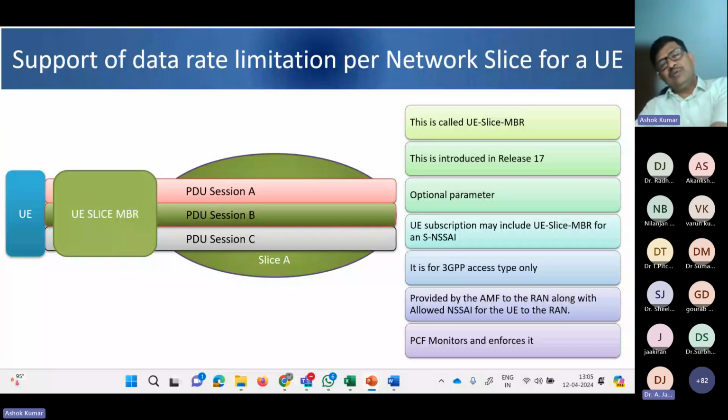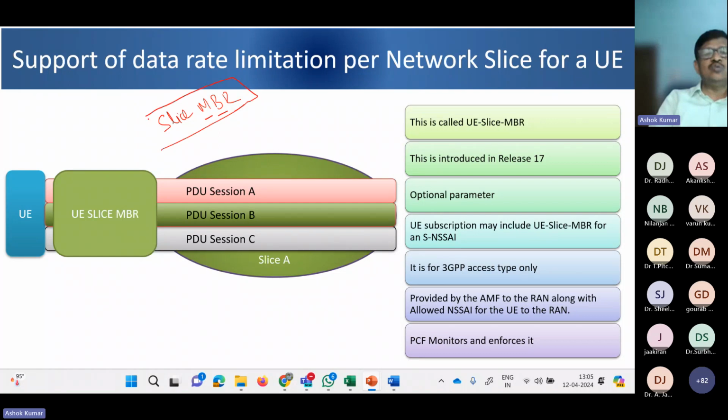Okay, now let's talk about one more feature which came in release 17, which is called Slice MBR. Slice MBR is nothing but maximum bit rate.